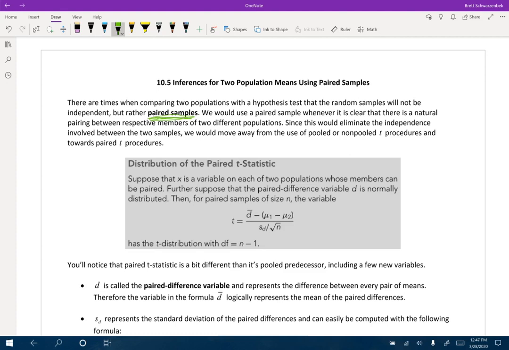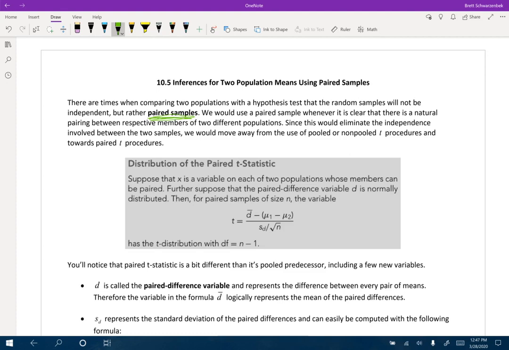We would consider that a paired sample because it's the same person taking the test, which means in reality, the probability of that person performing on the post-test is definitely dependent on the pre-test, depending on what they know and so forth.